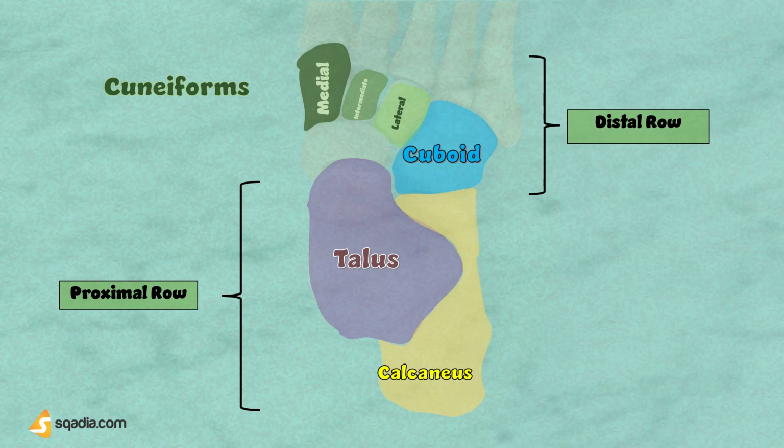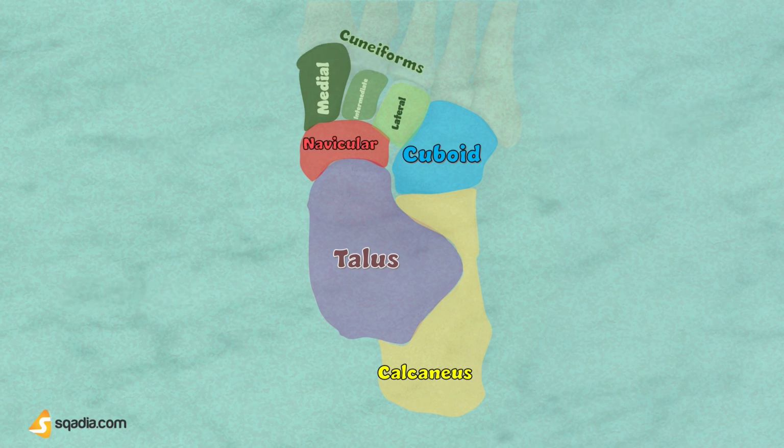Another bone, the navicular, is interposed between the talus and the 3 cuneiform bones. In other words, it is interposed between the proximal and distal rows. The distal row of tarsals articulates with the metatarsal bones.